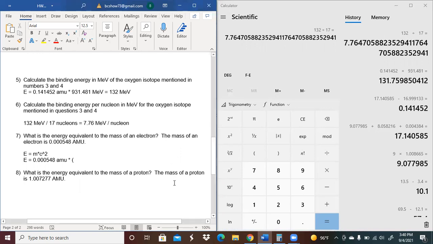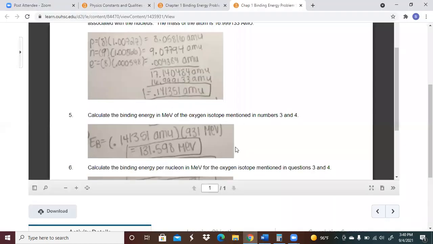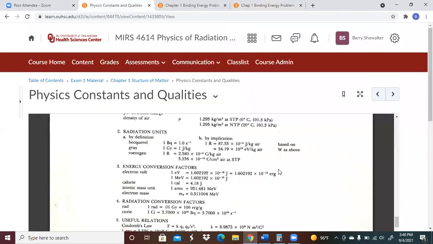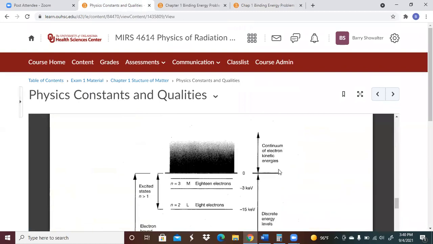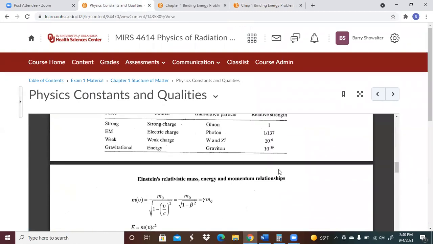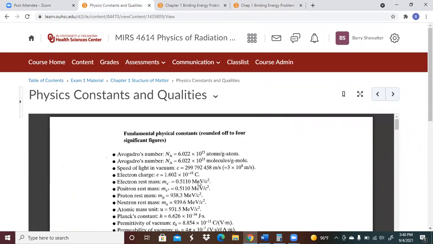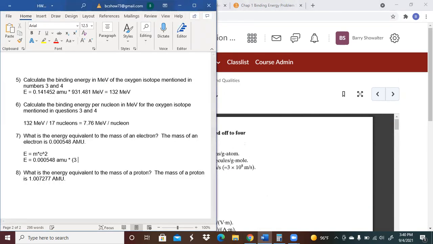Take that and multiply it by the speed of light squared, which is roughly 3 times 10 to the 8th meters per second, quantity squared.